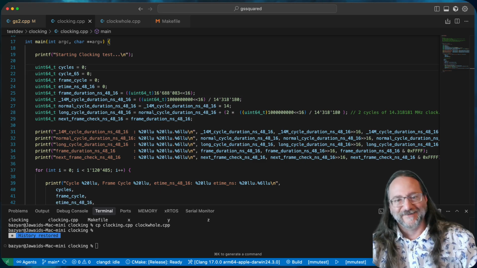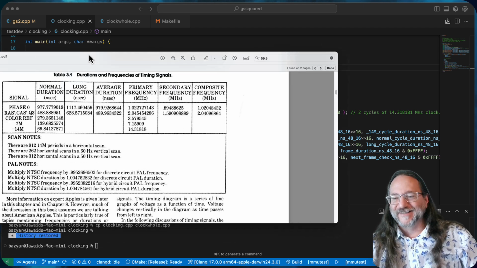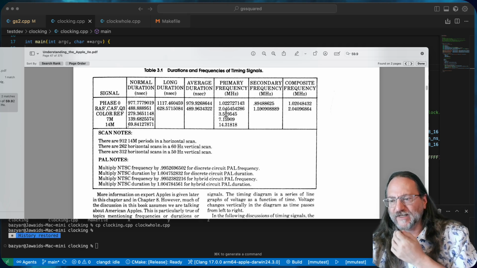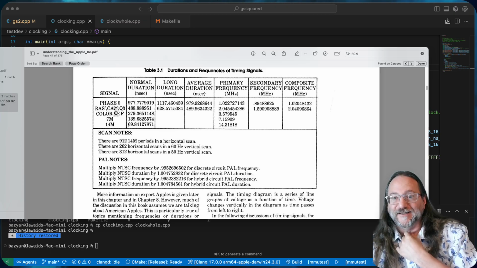Oh, there's one other entertaining part of the Apple II. I mentioned the CPU clock was 1.023 megahertz. Well, it's not exactly, because it is for 64 cycles, but then the 65th cycle is long.